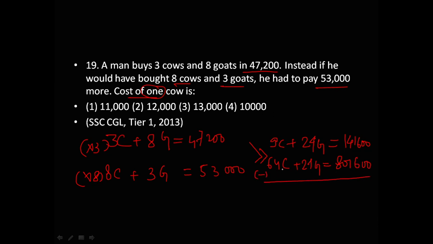If we subtract this, it will be 55C, as the G terms will be omitted. 55C equals 660,000. Right. So one cow will be 12,000. The answer will be 12,000. Option 2. It's nothing but a matter of calculation. Moving to the next one now.